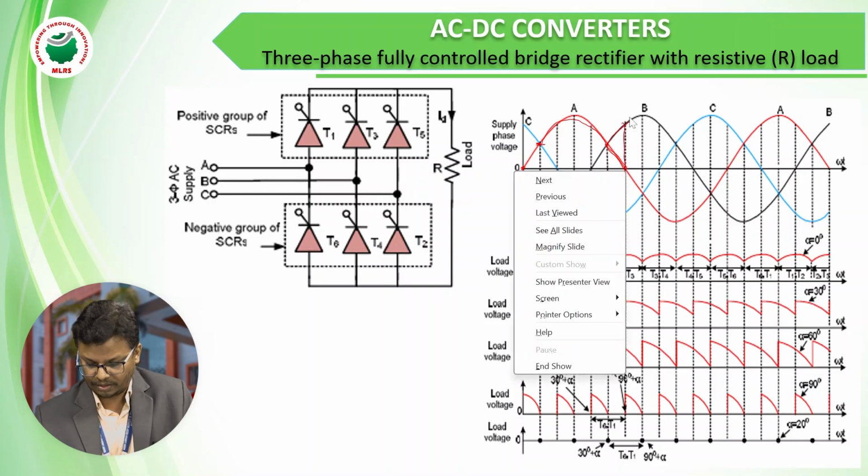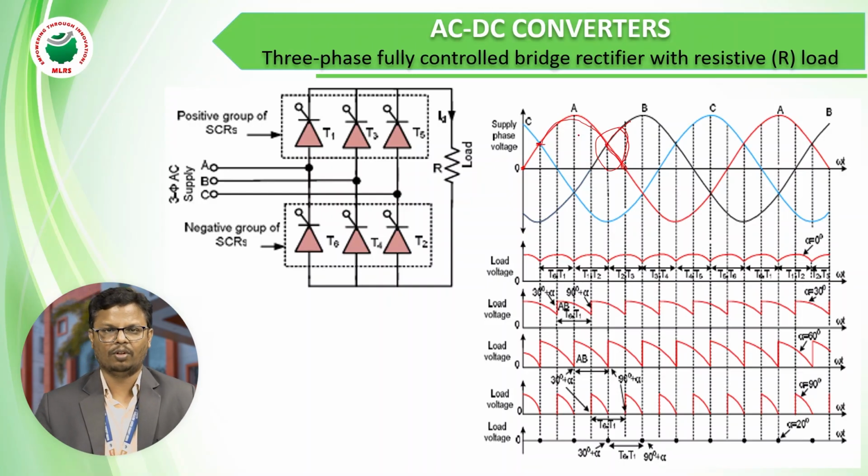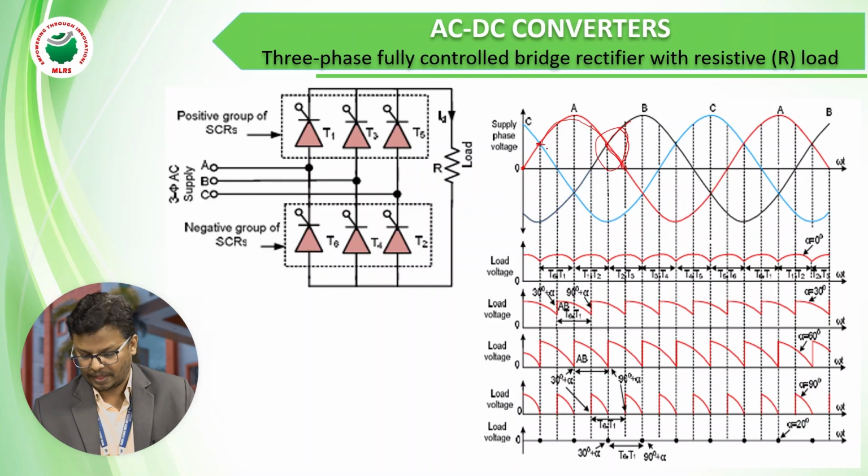From this region, the B phase is greater than the A phase, so even if you give a trigger pulse, the A phase will not conduct. So the operating period of A is from 30 degrees to 120 degrees. Overall, the dotted lines are segregated by 30 degrees.